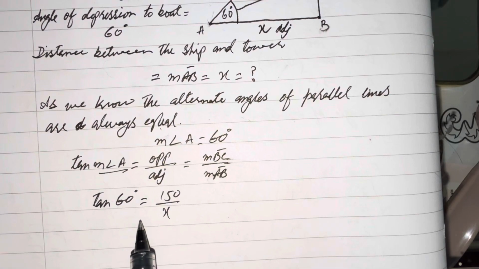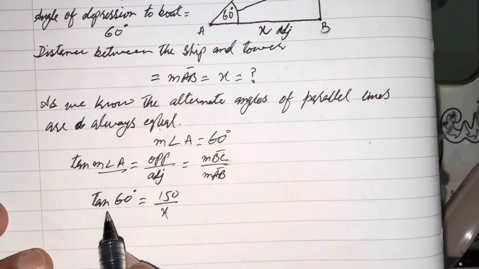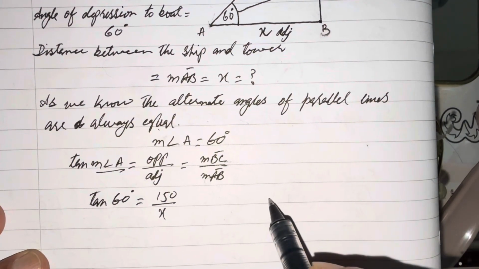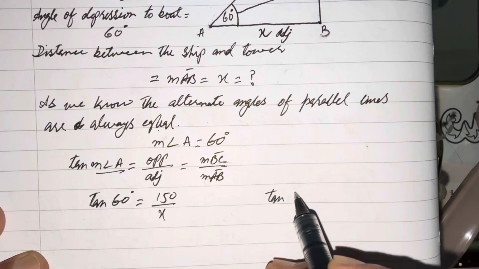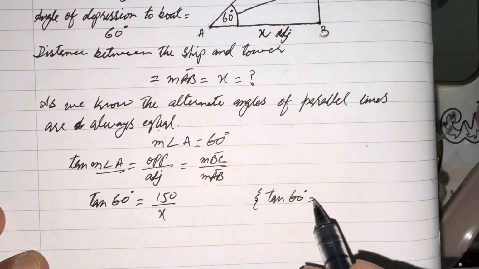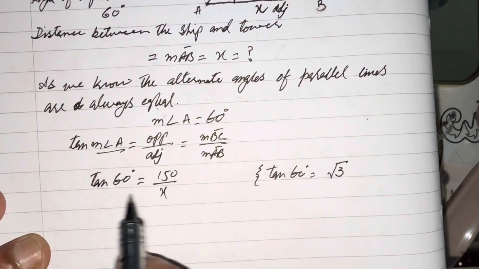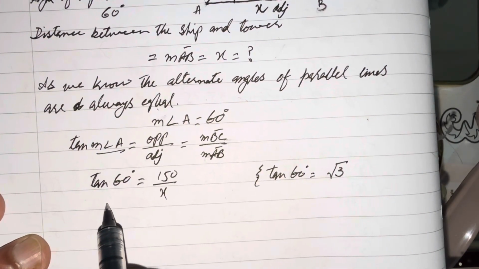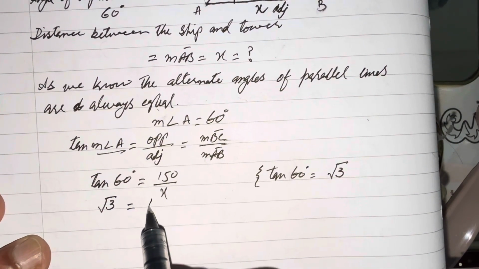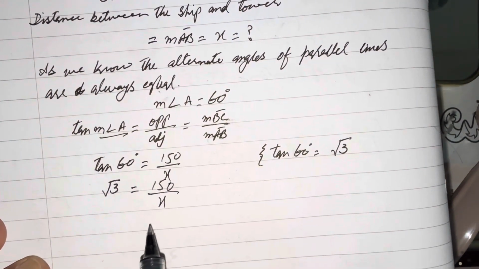As we know, according to the trigonometric ratio table, tangent 60 is equal to root 3. So putting the value of tangent 60, root 3 equals 150 divided by x.